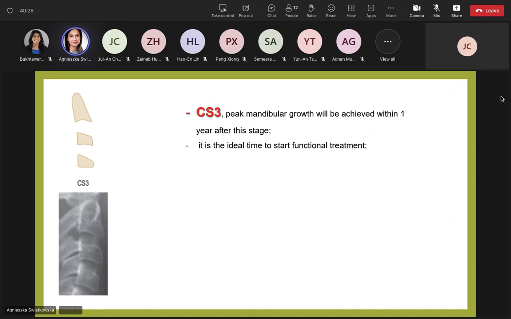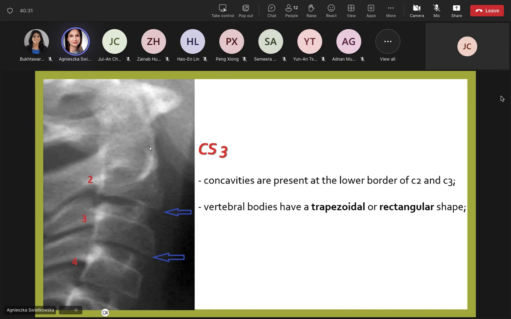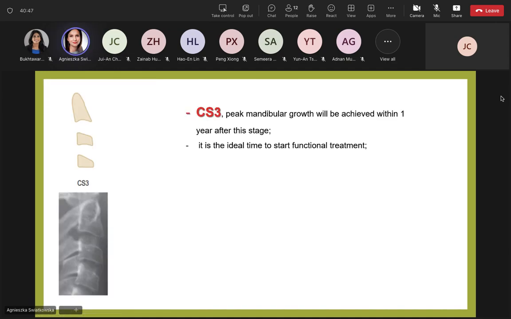And look here, what we should see. It will be the lower border of the second and third vertebra. Here we expect that the lower border will be concave. Look here, the lower border of the second and third vertebra is not flat like here, but we see concavity in both situations.